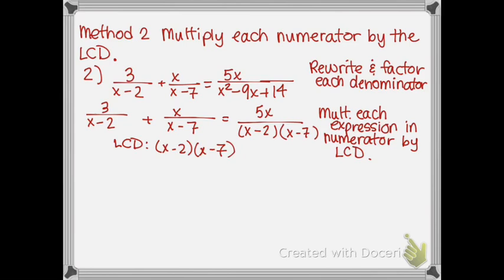Well, this step is about to get really messy and ugly, but a lot of stuff is going to cancel out and we will have no more fractions. Repeat it with me, no more fractions. Okay, so let's multiply each expression in the numerator only by the LCD. So let's squeeze that x minus 2, x minus 7 into each numerator.